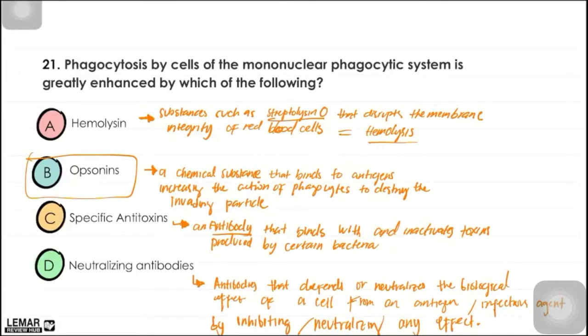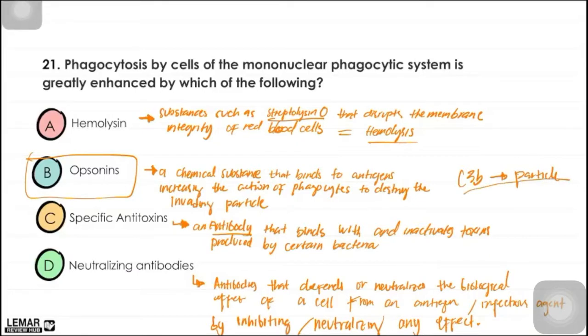This process is what we term opsonization. In opsonization, the complement component C3b is attached to a particle, which promotes the adherence of the phagocytic cells because of the C3 receptors.